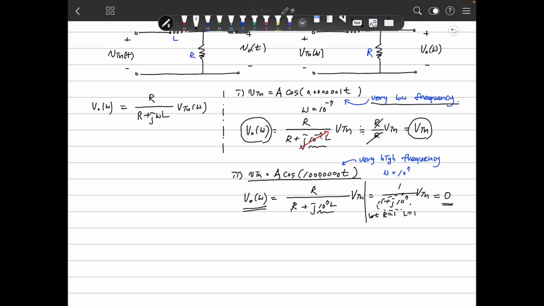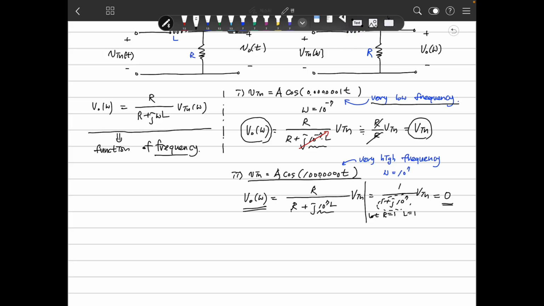So this characteristic is a function of frequency. Generally, an electric circuit has a frequency response. It is a kind of function of frequency. I mean, the output depends not only on the input variables, but also on the frequency of the input.